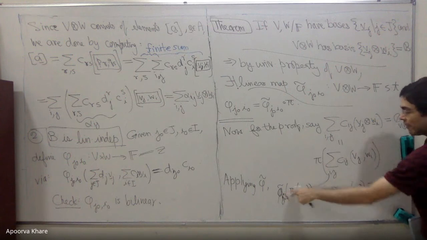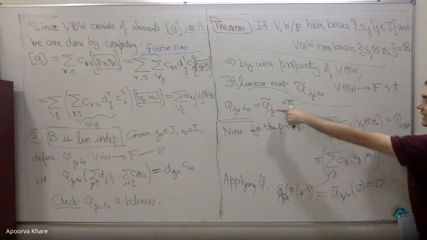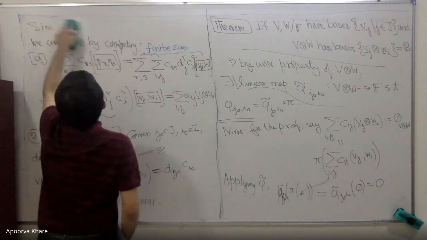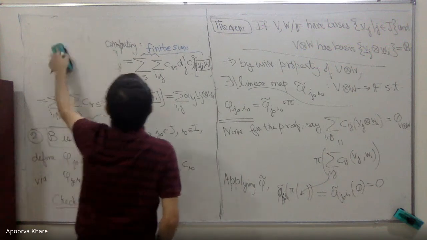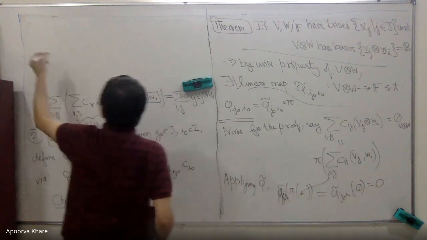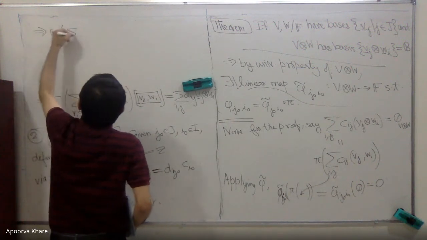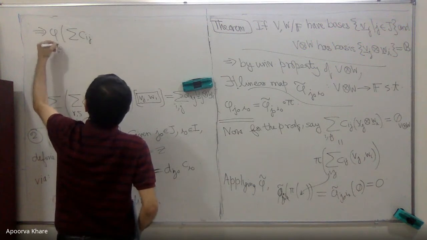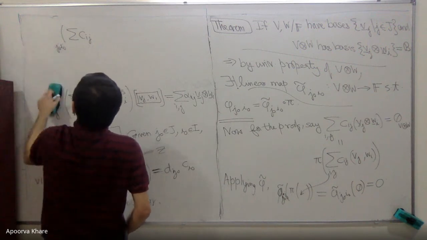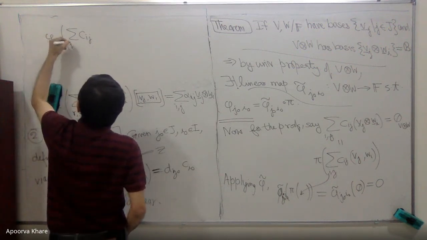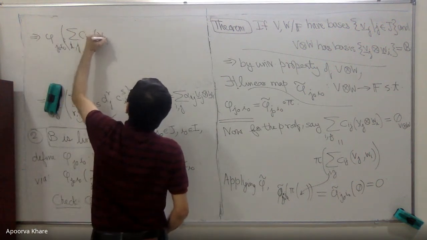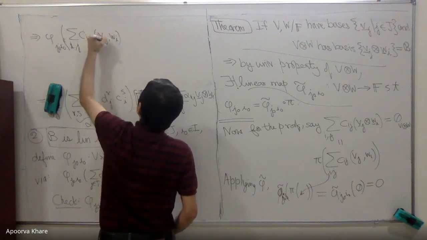On the other hand, phi tilde composed with pi is exactly phi. So we exactly get phi of the expression without the pi. Phi J naught I naught of the summation Cij Vj Wi equals 0.